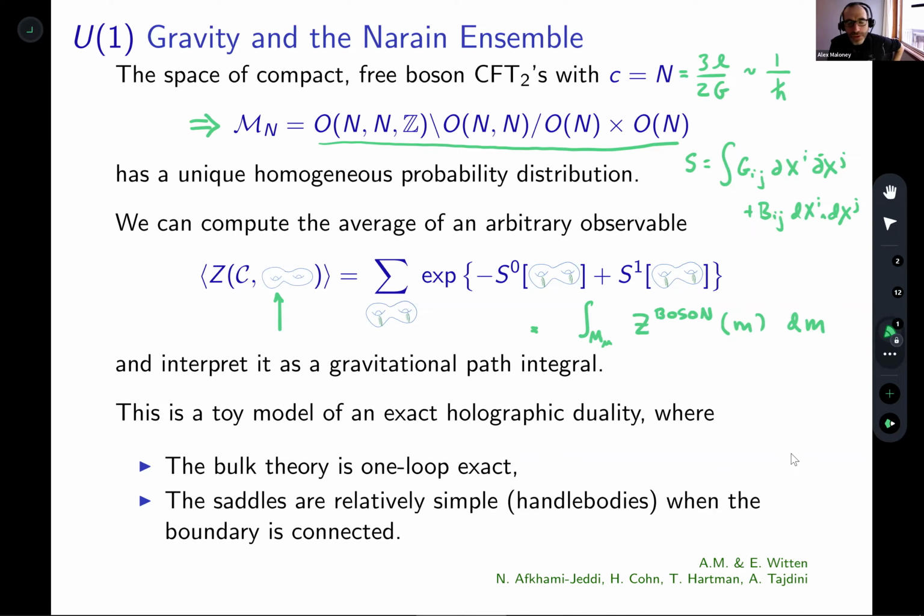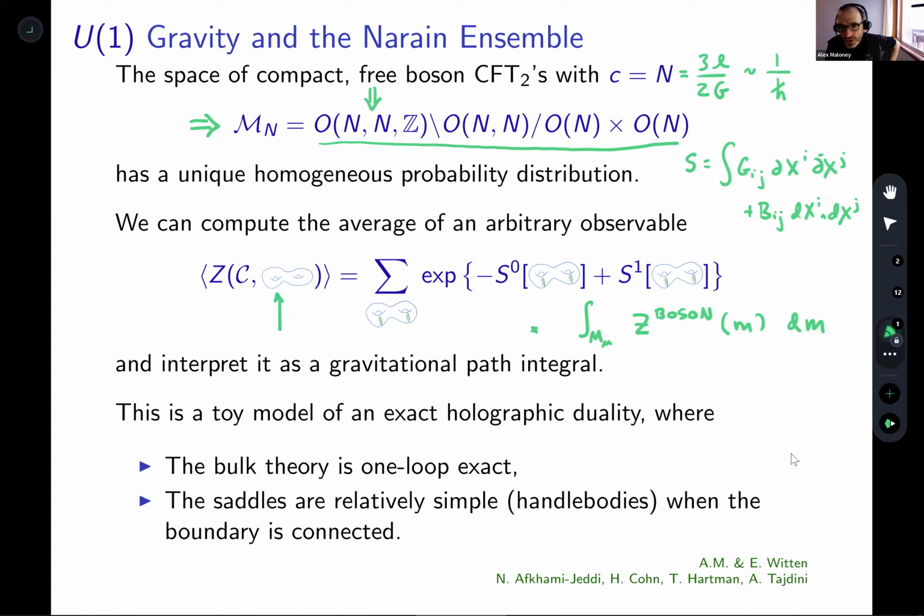Okay, so that means that I can interpret this measure on this moduli space as a probability distribution. And in order for that to work, it's crucial that I remember about T-duality. So here on the left, I've quotiented out by O(N,N,Z), which is the T-duality group for N free bosons.